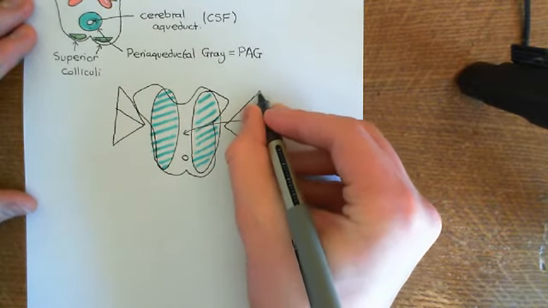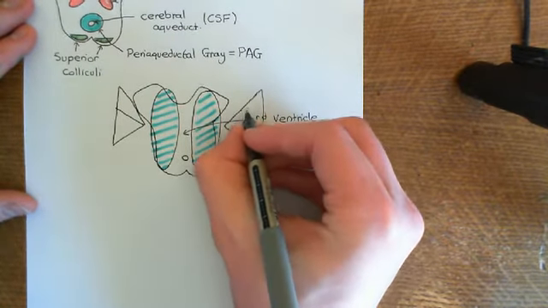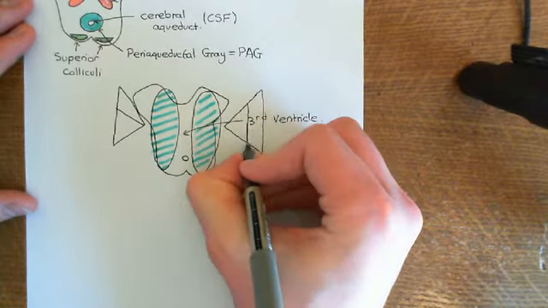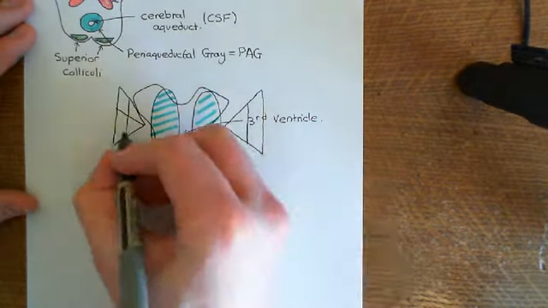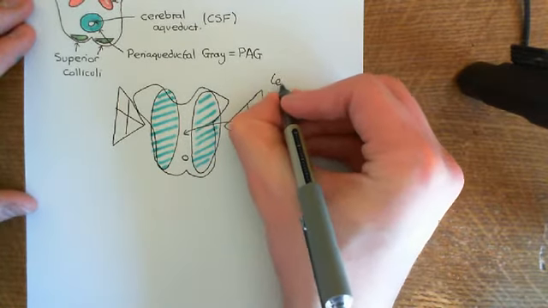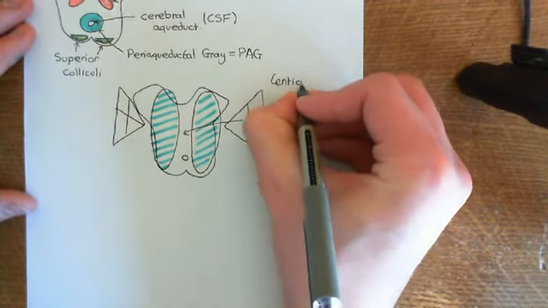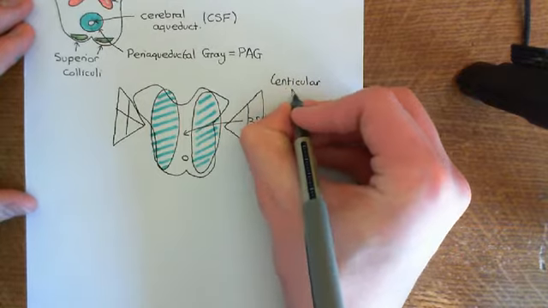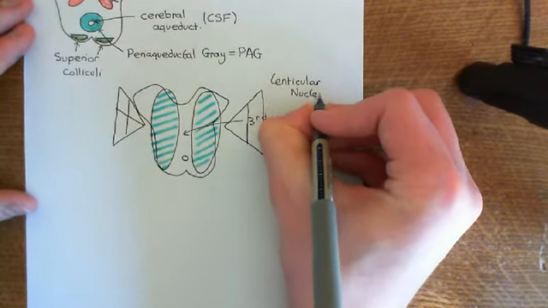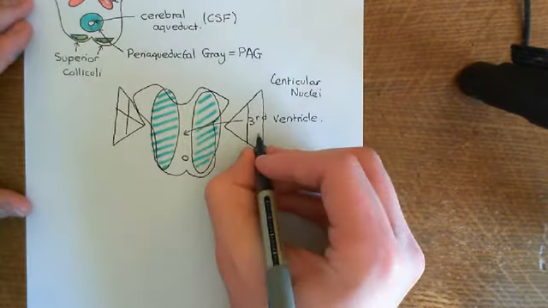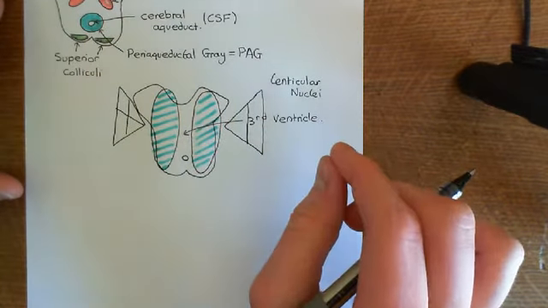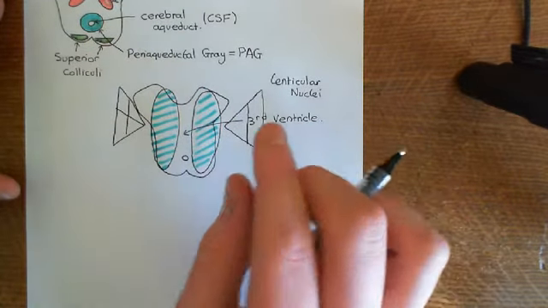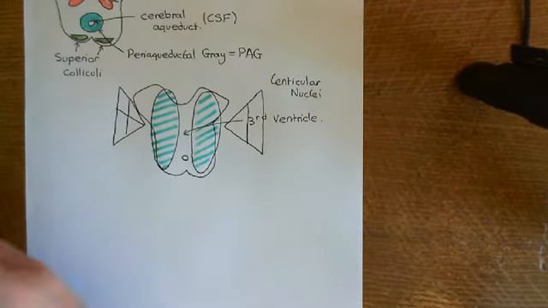So, unfortunately, the third ventricle annotation is in the way, but this is the lenticular nucleus here. And I should want a line in this position and this position. Okay, so these are the two lenticular nuclei. Okay, and you've got a left lenticular nucleus here and a right lenticular nucleus here. Okay, and the whole thing is the lenticular nucleus. Okay, and it's called that because it looks like a lens.